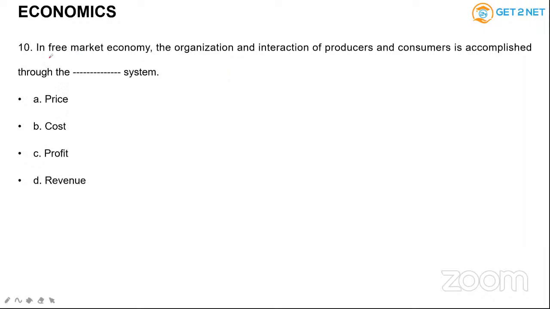In a free market economy, the organization and interaction of producers and consumers is accomplished through the dash system. Price system, cost system, revenue system, profit system.